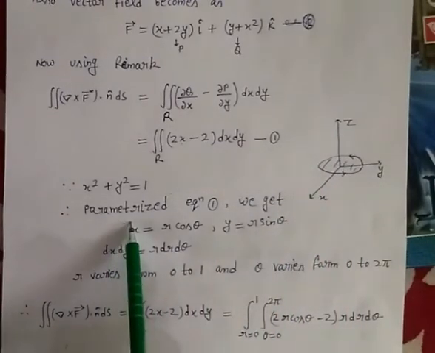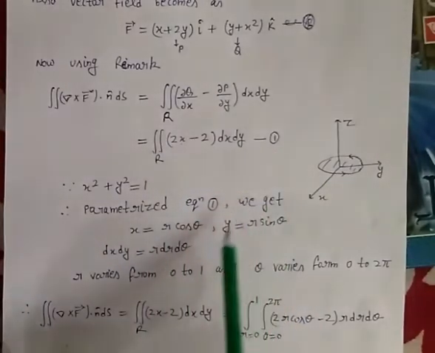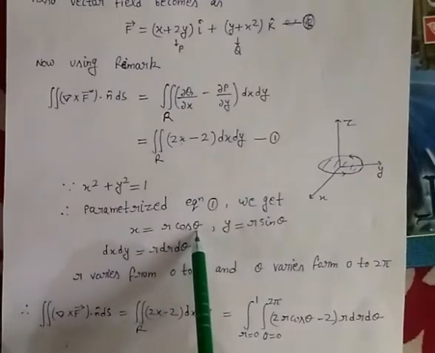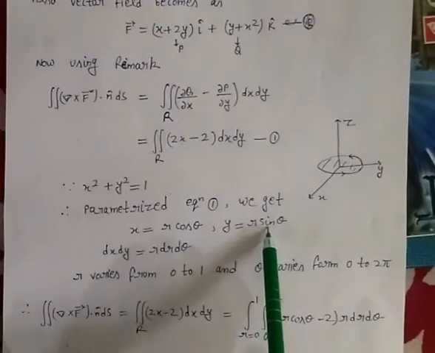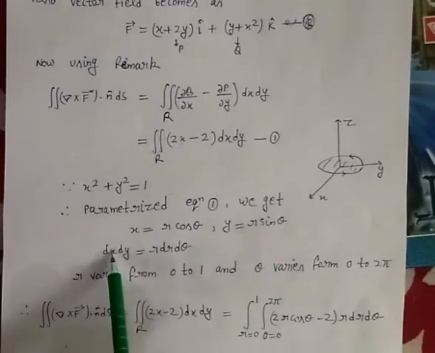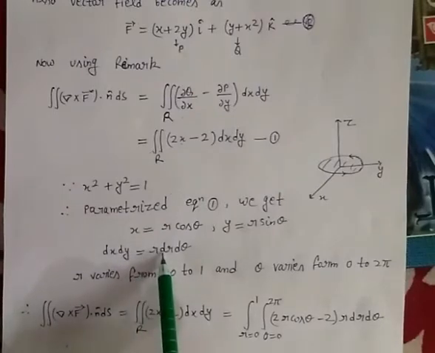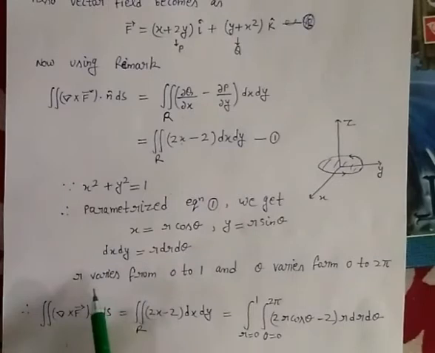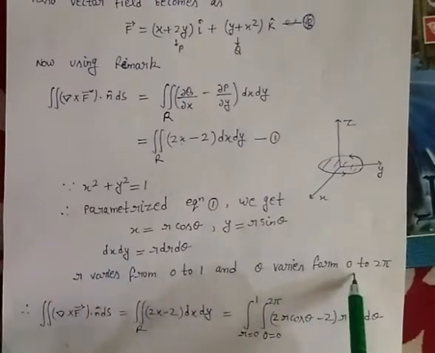Now we are going to parameterize this. Equation 1 transforms to x equal to r cos theta and y equal to r sin theta, dx dy changes to r dr d theta, and r varies from 0 to 1 and theta varies from 0 to 2 pi.